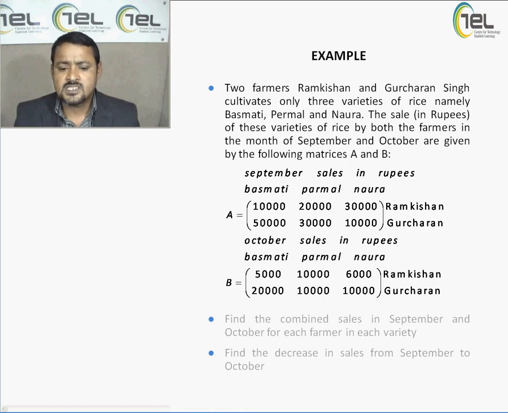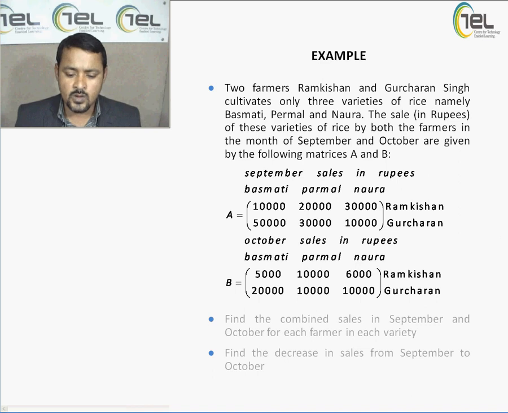The September sales in rupees for three types of rice, Basmati, Parmal and Nora, is given for both the farmers. Ramkishan is in the first row, Gurcharan in the second row. 10,000 for Basmati, 20,000 for Parmal, and 30,000 for Nora belongs to Ramkishan. 50,000, 30,000, and 10,000 respectively belong to Gurcharan.